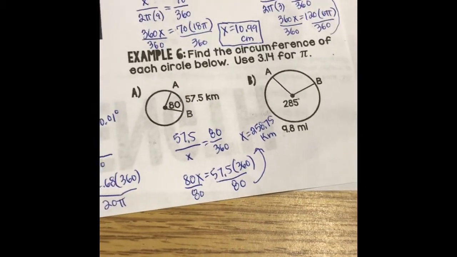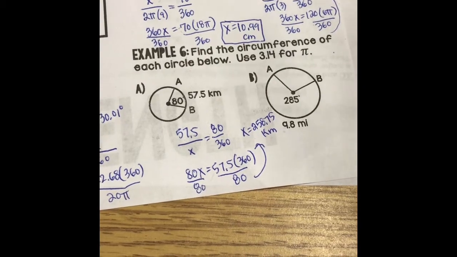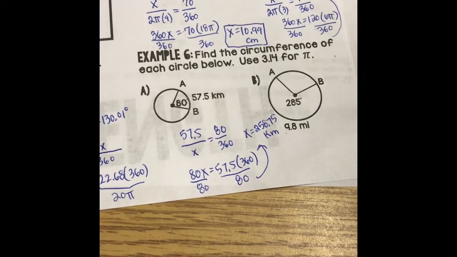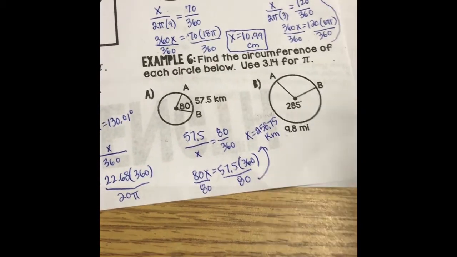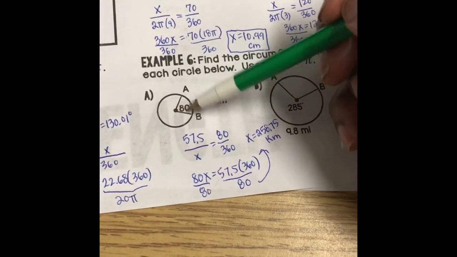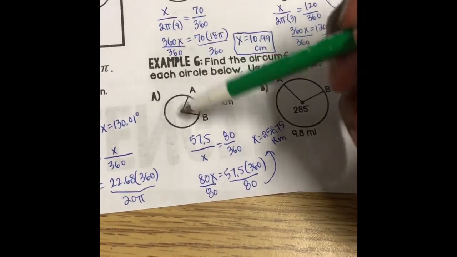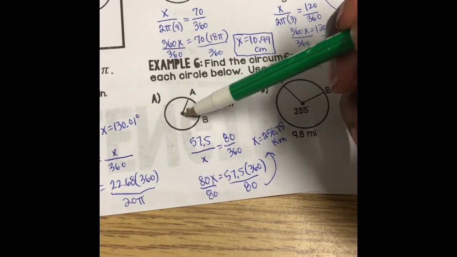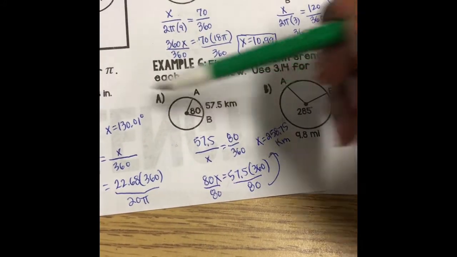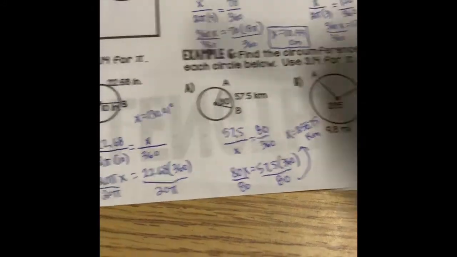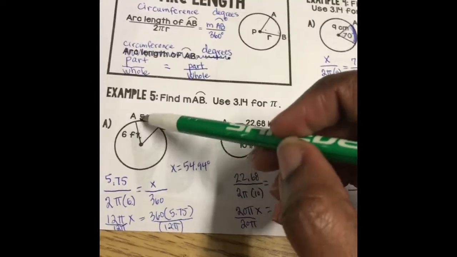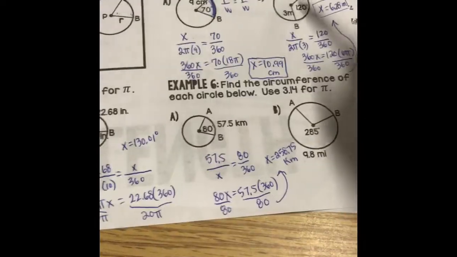Last one. Now, find the circumference of the... if you notice, each one of these has been minor angles, meaning less than 180. Okay, small angles. Here's a small angle, that's a small angle, small angle, small angle.